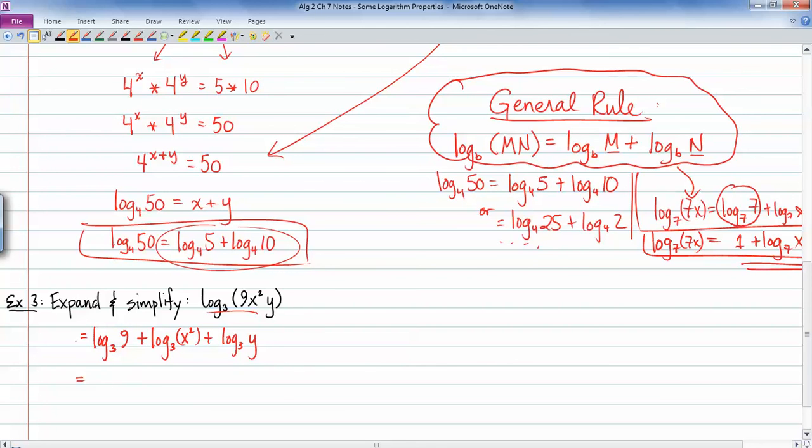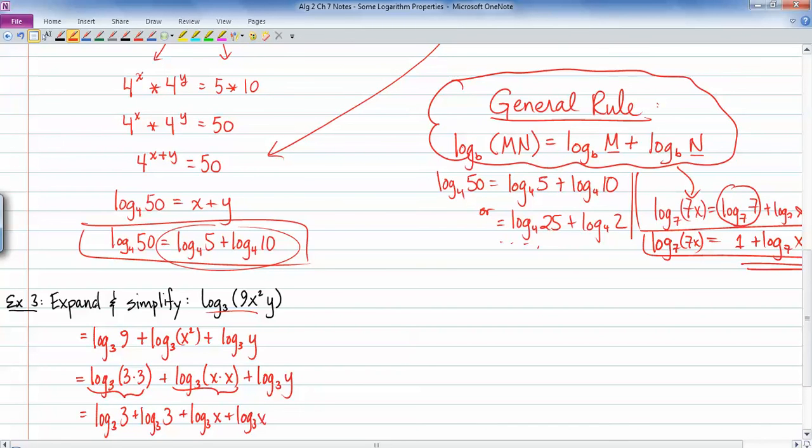Log base 3 of 9 you can actually work out, but we could do it using a small trick. That's really log base 3 of 3 times 3. And this is really log base 3 of x times x. And this is log base 3 of y. So this one turns into log base 3 of 3 plus another log base 3 of 3. This one turns into log base 3 of x plus another log base 3 of x. And this one just stays put, log base 3 of y.